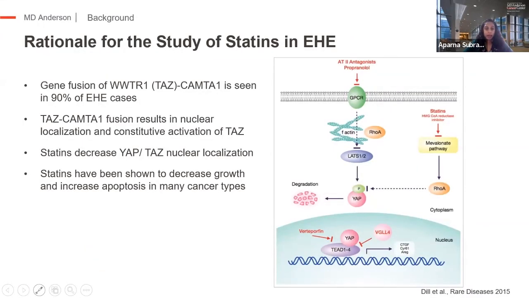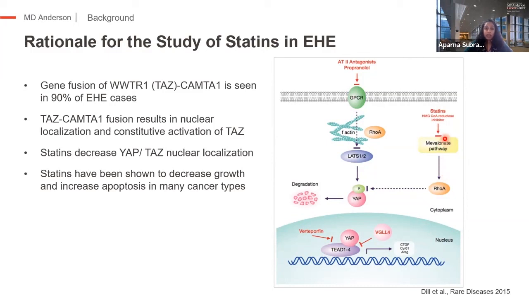Based on this background of the Hippo and the mevalonate pathway, we look at the rationale for the study of statins in EHE. So when we look at statins, statins are HMG-CoA reductase inhibitors. HMG-CoA reductase is a rate-limiting enzyme in the mevalonate pathway that actually produces the GGPP.